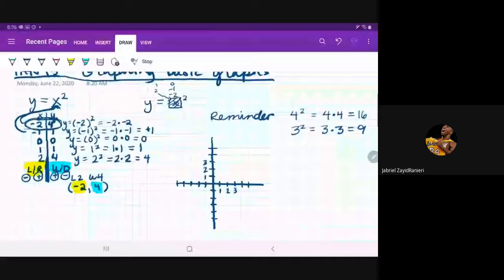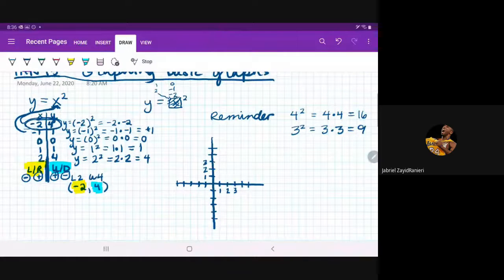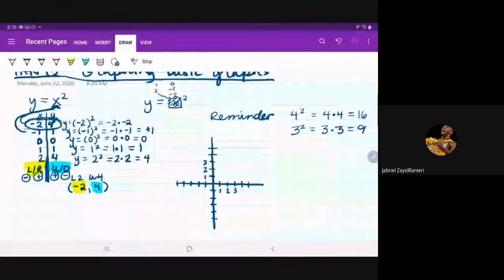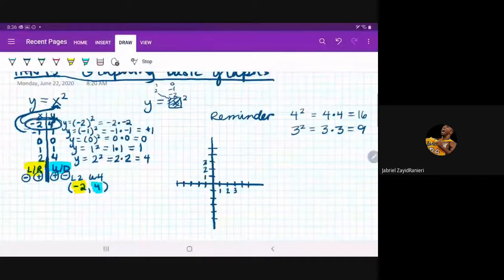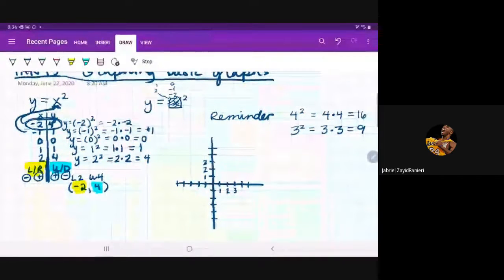Last one missing though. Anyone can tell? Let me look at my list. I don't see it. Let's see. 1, 2, 3, 4, 5, 6, 7, 8. 8. Brandon. I see you, Brandon.